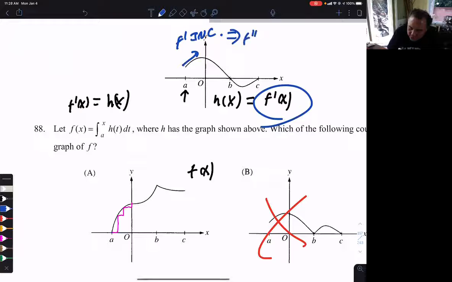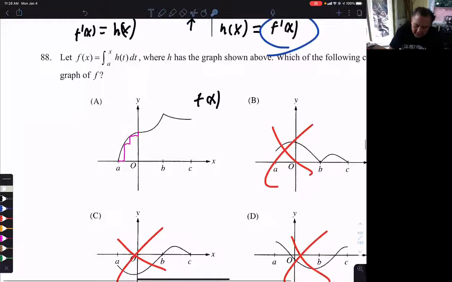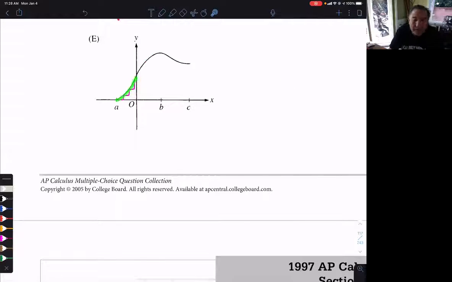That means the second derivative is positive. If a second derivative is positive, that implies the function is concave up. Which function is concave up from 0 to a? That's concave down, no bueno. That's concave up, mucho bueno. So again, we're coming to the conclusion, it's E.